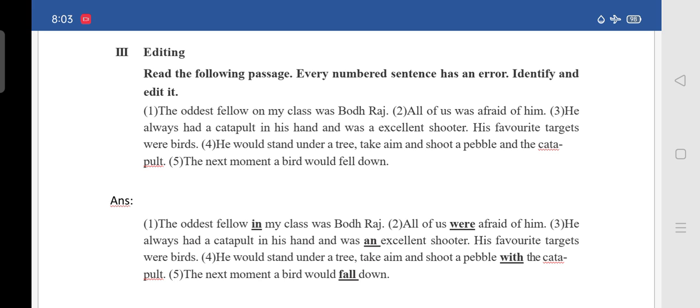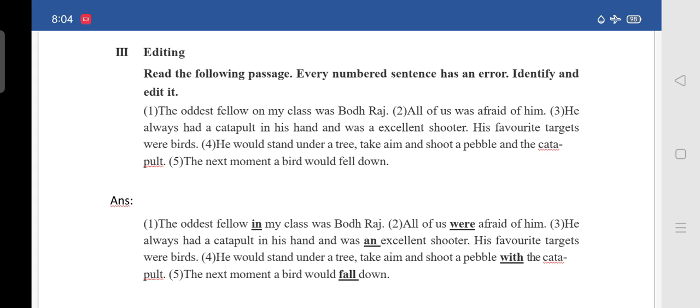See here. The oldest fellow on my class was Bodhraj. So here what you have to write is, in place of on you have to write in. The oldest fellow in my class was Bodhraj, and all of us was afraid of him.